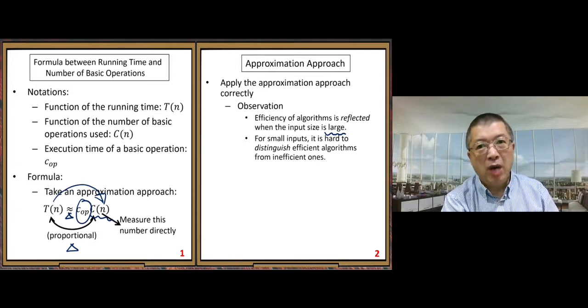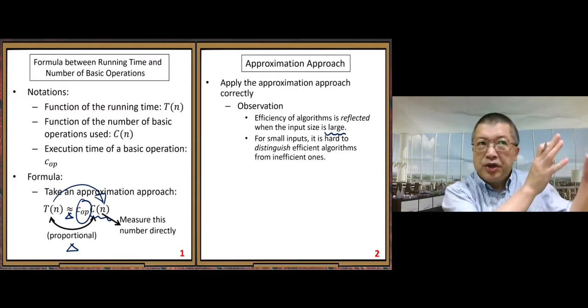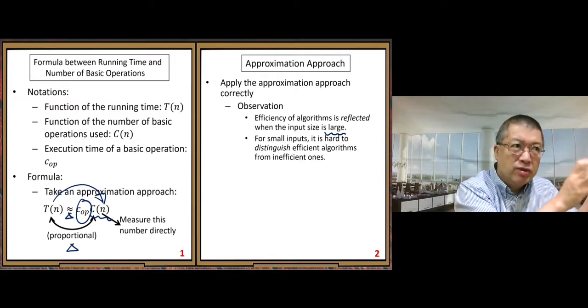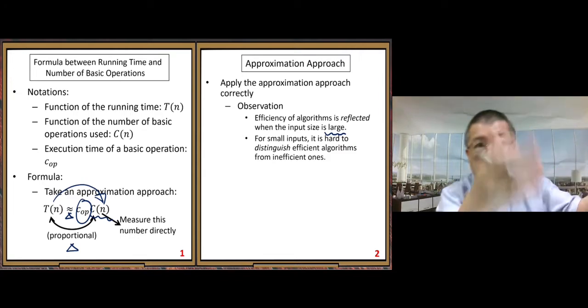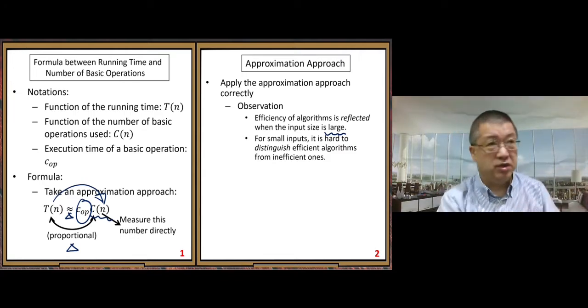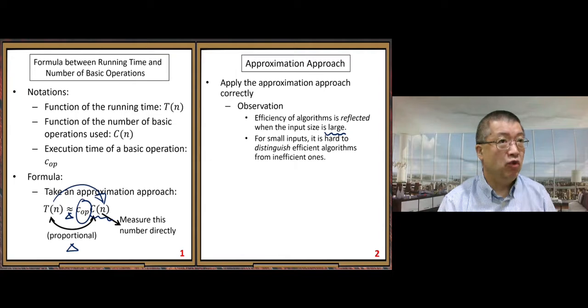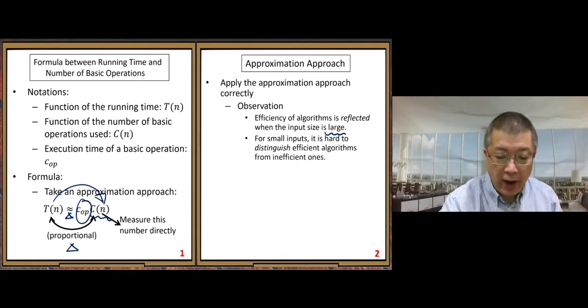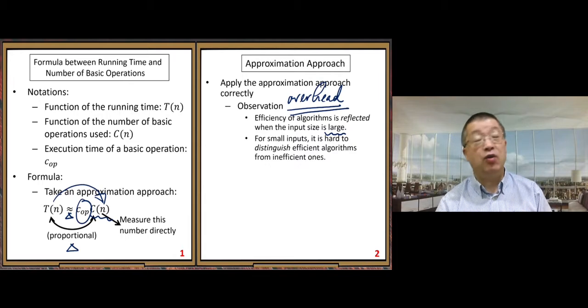So when the problem size is relatively small, the slower algorithms could do better than the faster algorithms. Why? The reason is very simple: the overhead factor. You need to consider that. What's the overhead?